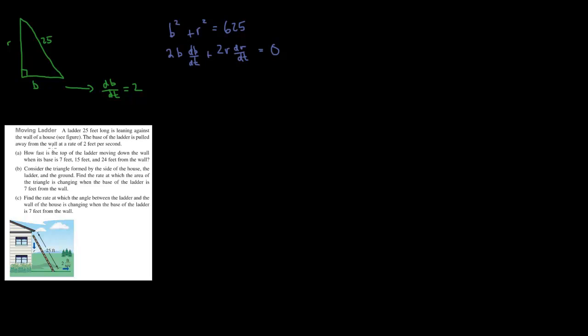Now we have to get to the question. How fast is the top of the ladder moving down the wall when the base is 7, 15, and 24 feet away from the wall? So essentially we have 3 different cases we're being asked about.